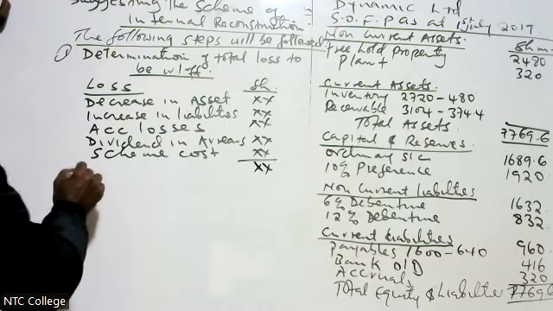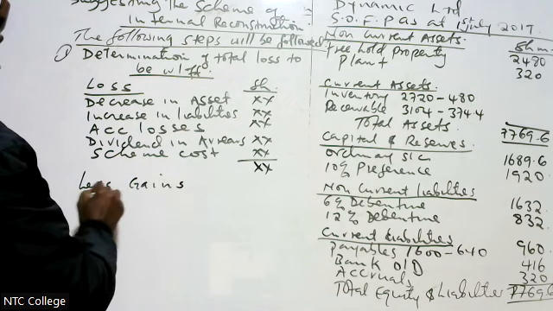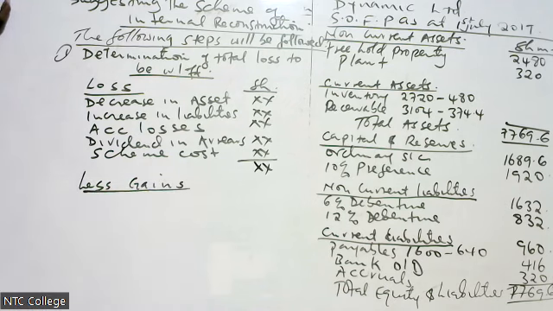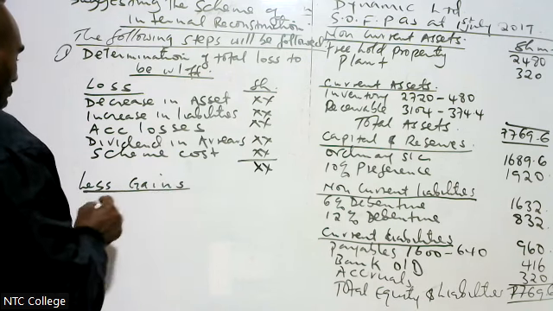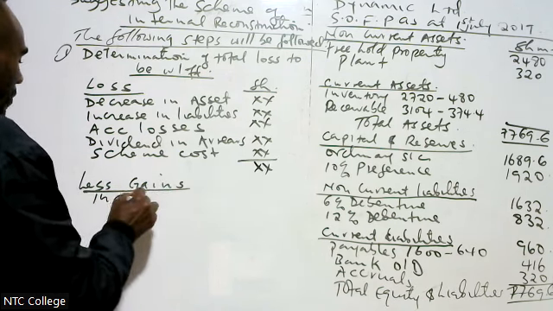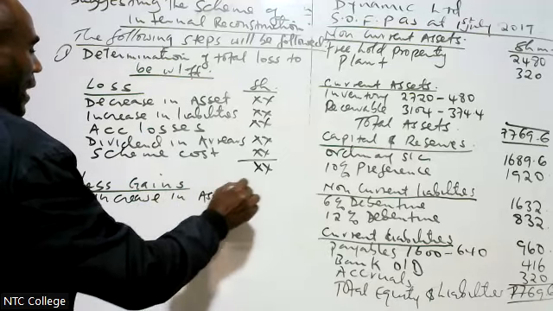Then you come and subtract, you less gains. What are you gaining? Like in the question we have done, you saw in the freehold, we were gaining in freehold by revaluation. Therefore, here we say increase in asset, that is a gain.